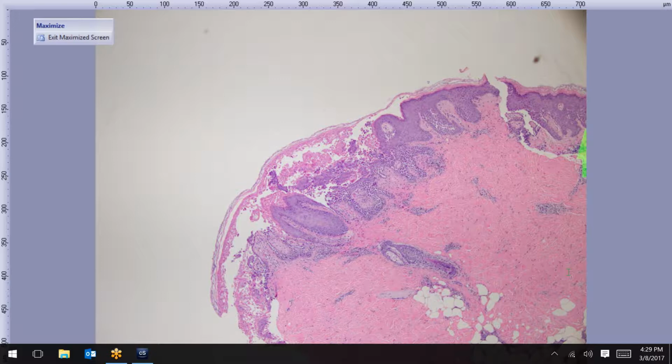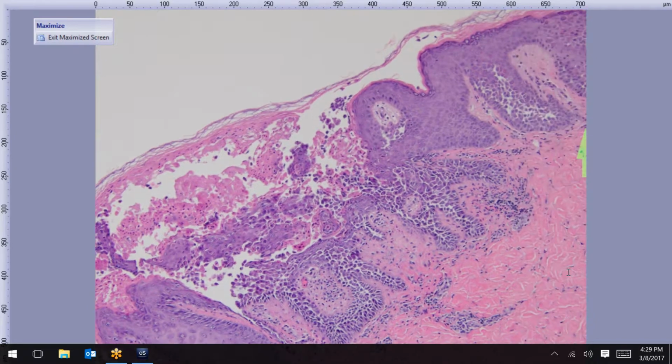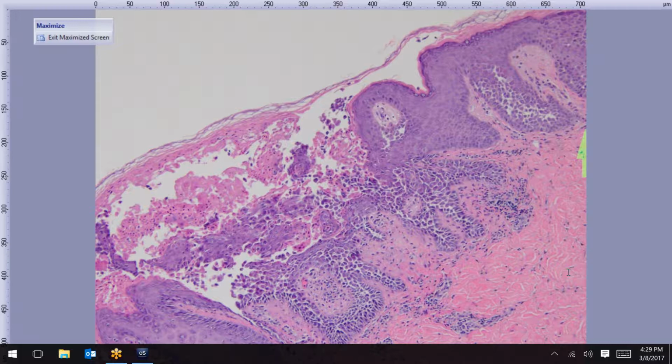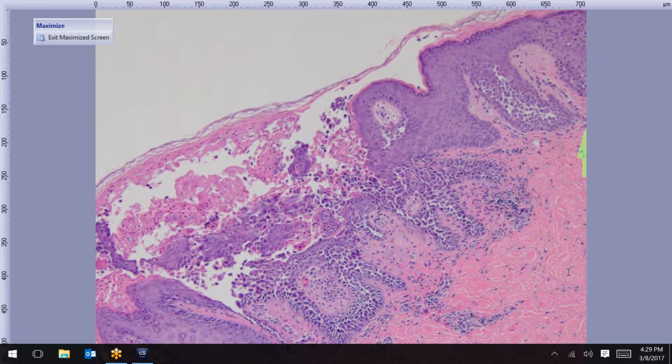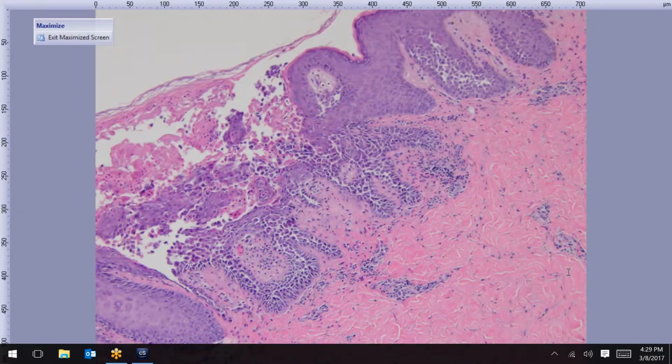And then this is taken from someone's axilla. Got a guess here? Yep, that's correct. We had a couple of responses, and several that are Hailey-Hailey. That's perfect. So this is all just secondary necrosis. They must have done something to it, but really the classic areas are right in here.